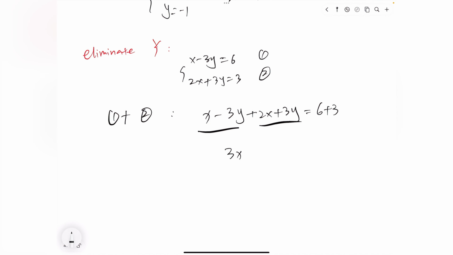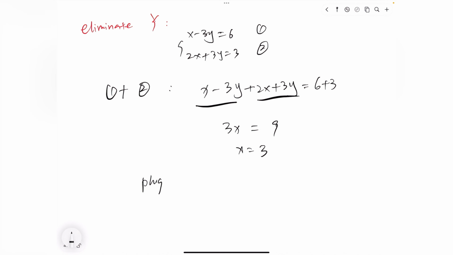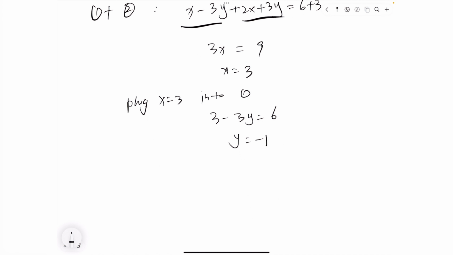Then we simplify: 3x equals 9. x equals 3. Then we can plug x equals 3 into 1. We get 3 minus 3y equals 6. Then y equals -1. This is what we get: x equals 3 and y equals -1, by eliminating y.